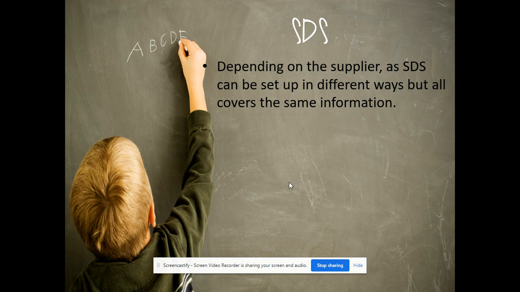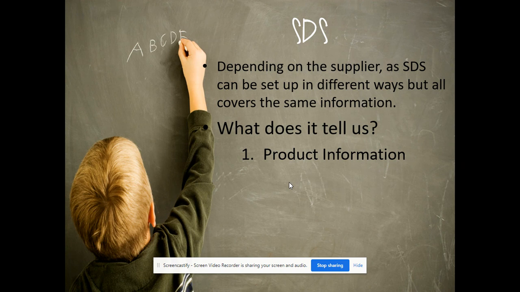Now what kind of information does it have to cover? Okay, so it tells us a few things. One, it tells us product information. Okay, it also tells us the hazardous ingredients.